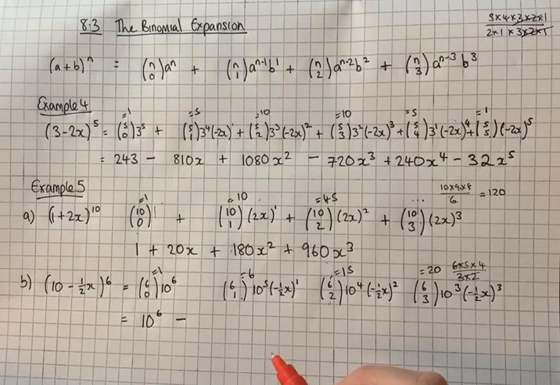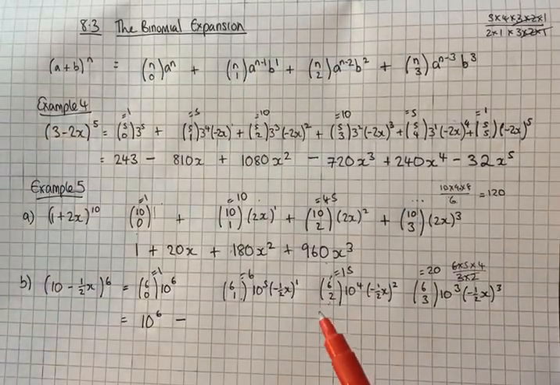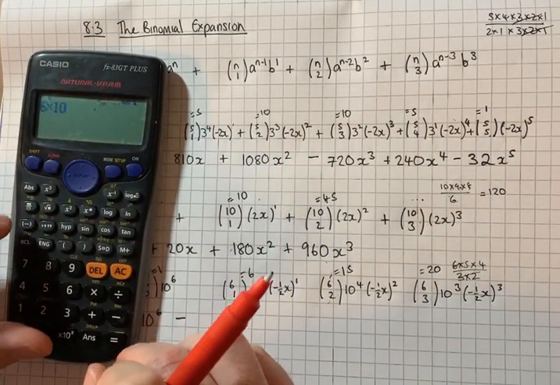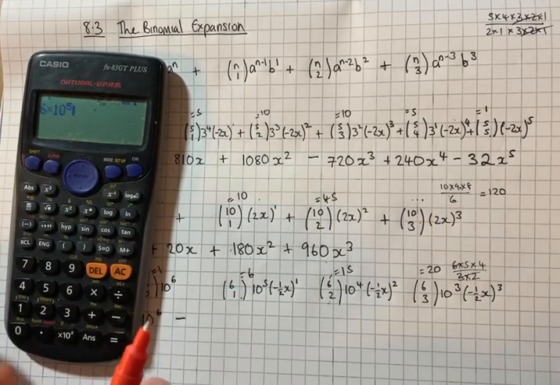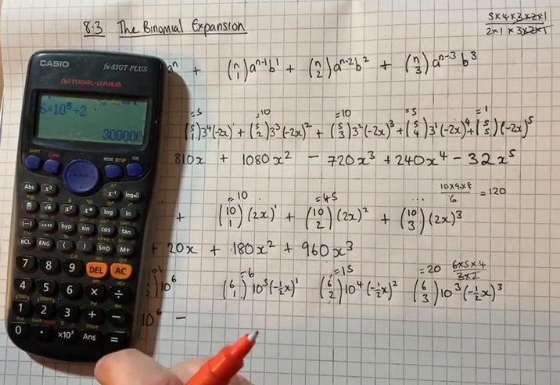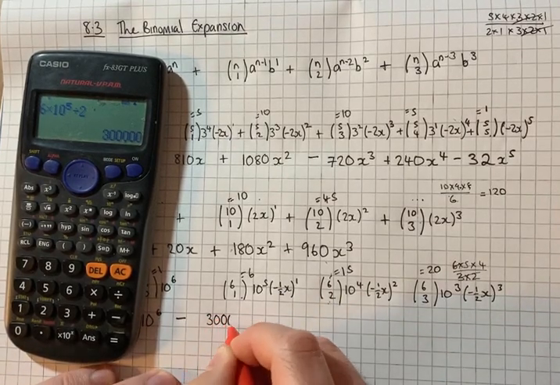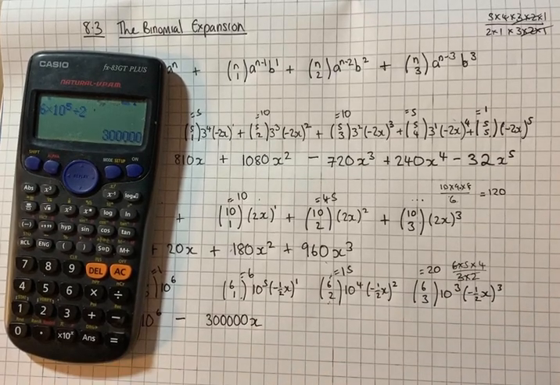Minus, well no, let's use the calculator. So 6 times 10 to the power of 5 divided by 2, 300,000 x. Lovely numbers.